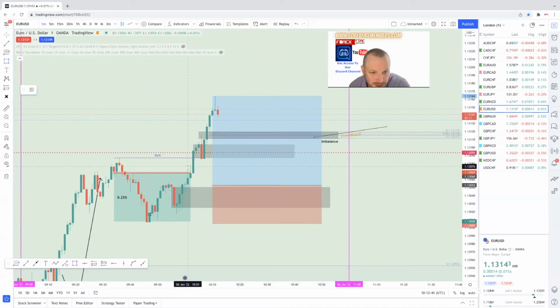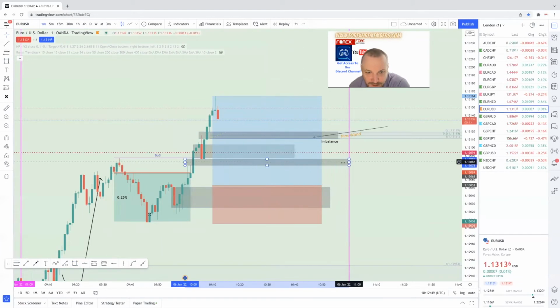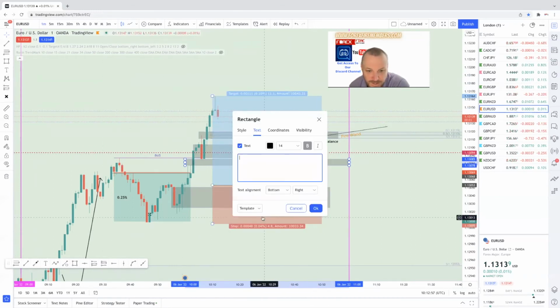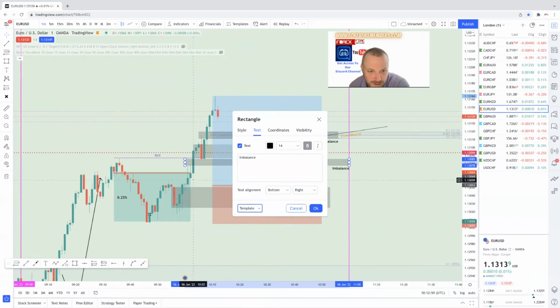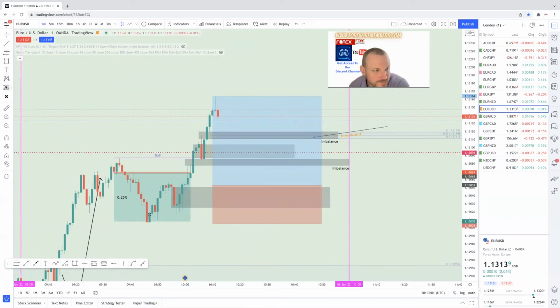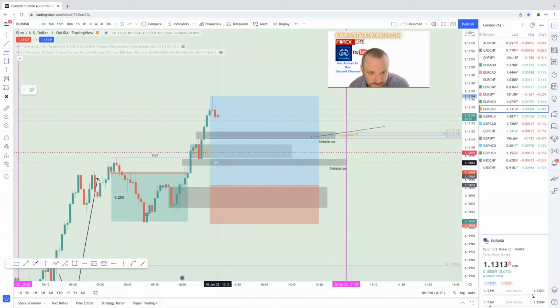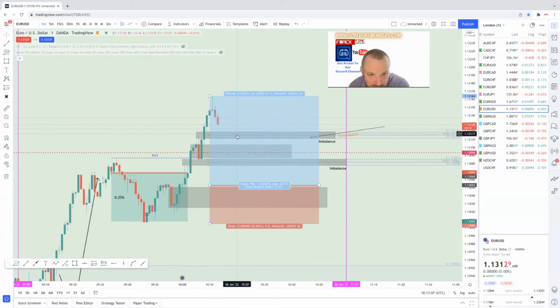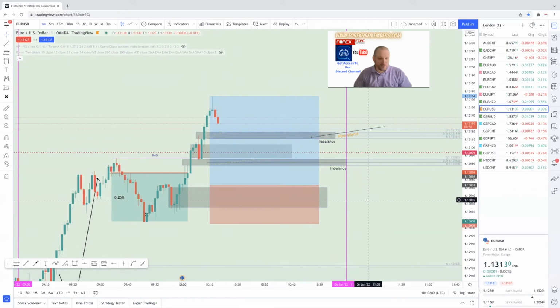From a structure player, wick to there. And again, the swing high, the swing point from before, more or less 50% of this retraced area. Imbalance. There we go. Let's just see these areas here get tested or respected in any way, shape, or form.